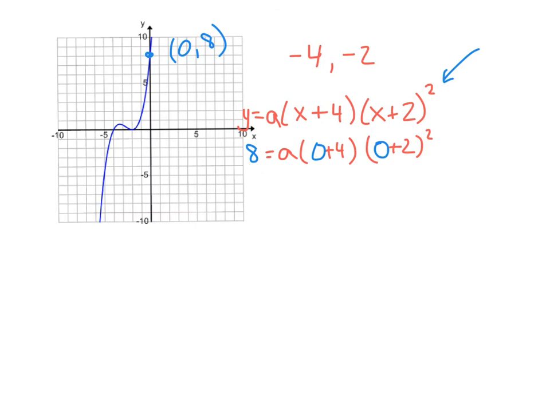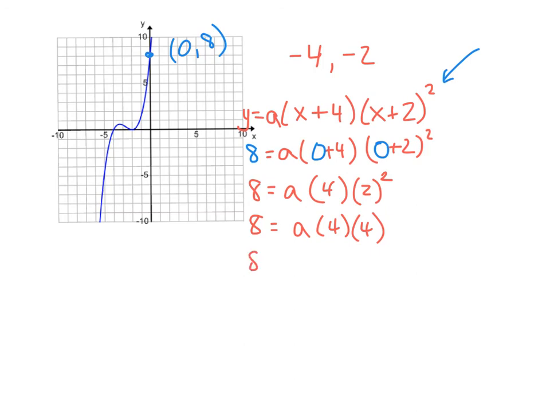All right, so then what we're going to get here is 8 equals a times 0 plus 4, which is 4, times 0 plus 2, which is 2, squared. Now you need to make sure you use that 2 squared correctly as we continue simplifying. 8 equals a times 4 times 2 squared, which is 4.